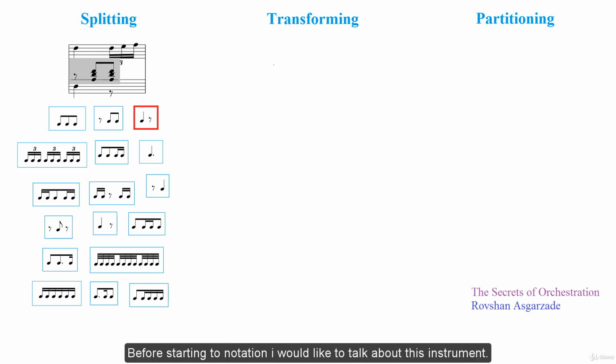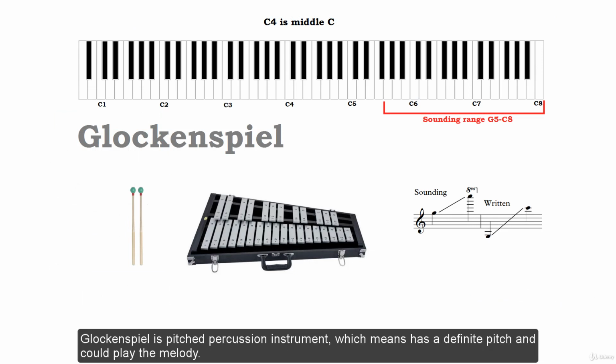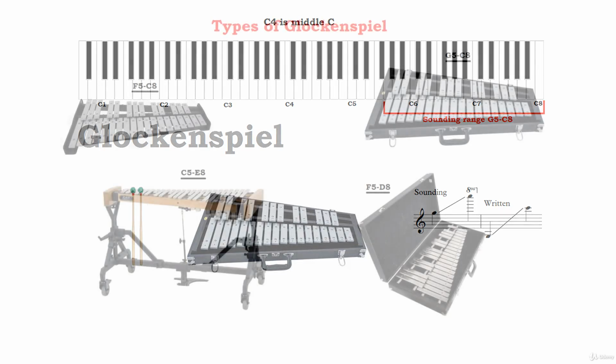Before starting the notation, I would like to talk about this instrument. Glockenspiel is a pitched percussion instrument, which means it has a definite pitch and could play the melody. This instrument has a range from G5 to C8. Glockenspiel sounds 2 octaves higher than written.